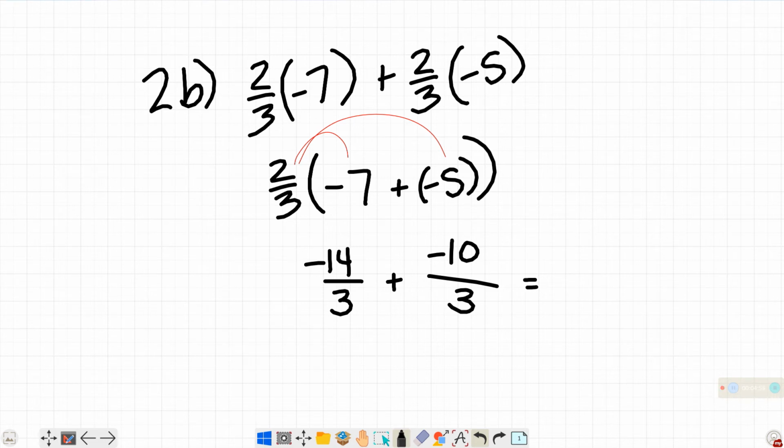And I have -14, and then I keep going backwards 10, so I'm at negative 24 over 3. You can ask yourself, how many sets of 3 does it take to get to 24? And it takes 8. 8 sets of 3 gives you 24, but since you have a negative divided by a positive, the different signs give you a negative answer.